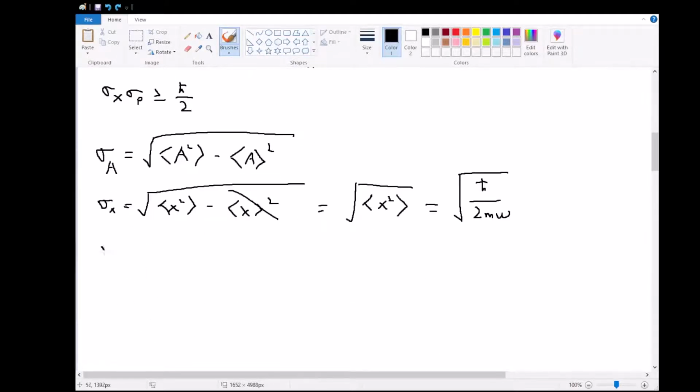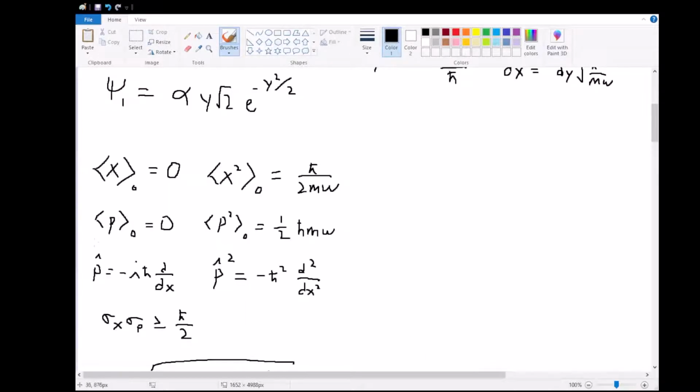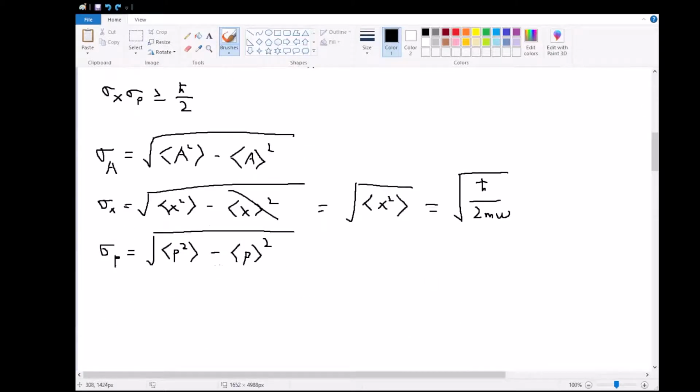Doing the same thing with p gives us that the uncertainty in p is equal to the square root of the expectation value of p squared minus the expectation value of p itself squared. And we also know that the expectation value of p is equal to 0 in the ground state, so this also goes to 0, so this is just equal to the square root of the expectation value of p squared.